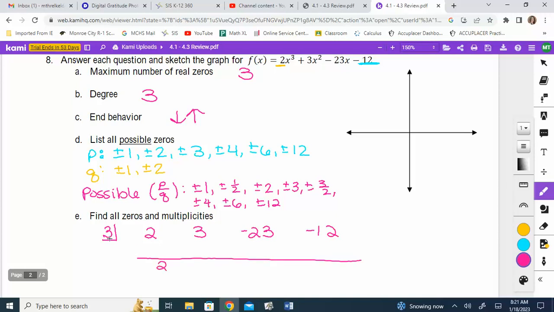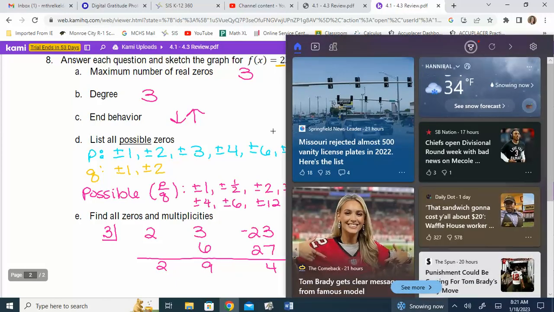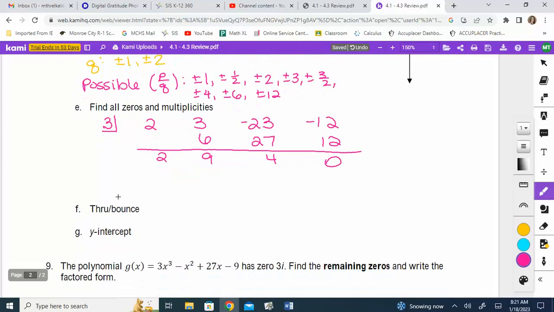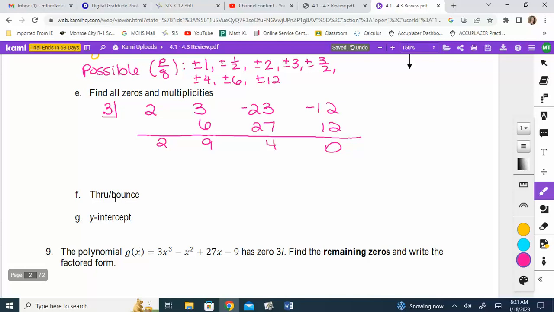So 2 comes down. 2 times 3 is 6. 6 plus 3 is 9. 27. So we get 2x squared plus 9x plus 4.